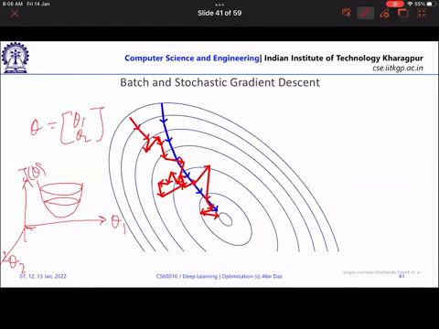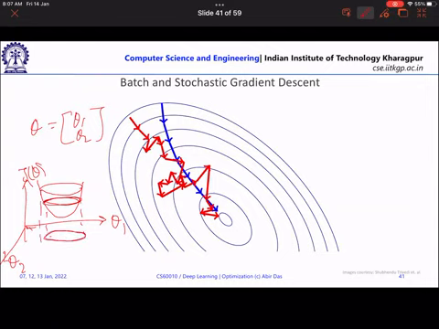So what are the contour plots? You take a curve on the loss function surface. If you project it onto the plane, it will be something like an ellipse here.